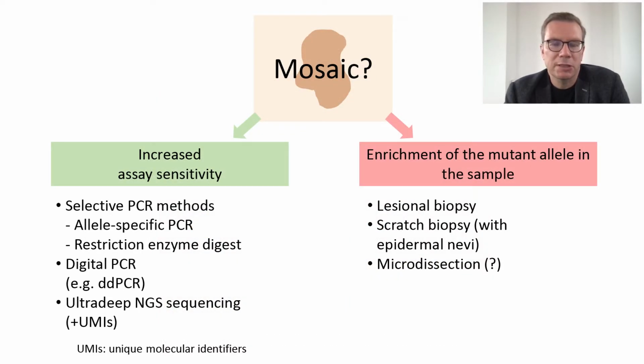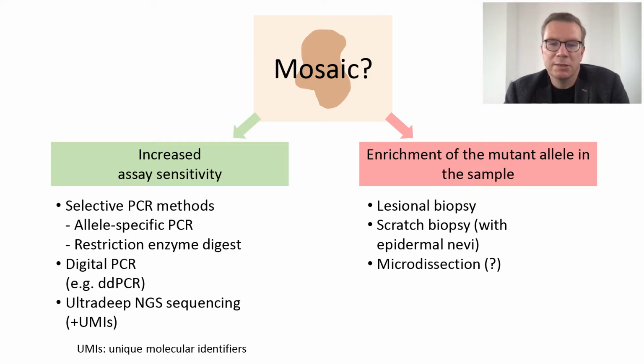Two strategies can help to detect mosaic lesions. One is to use assays with increased sensitivity, and the other one is to use samples where we assume that the mutant allele is enriched.